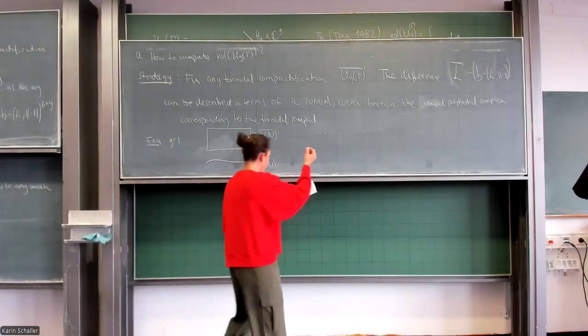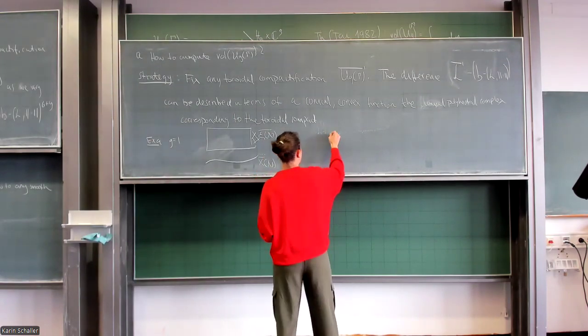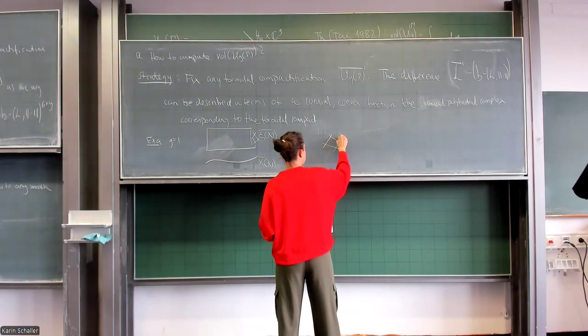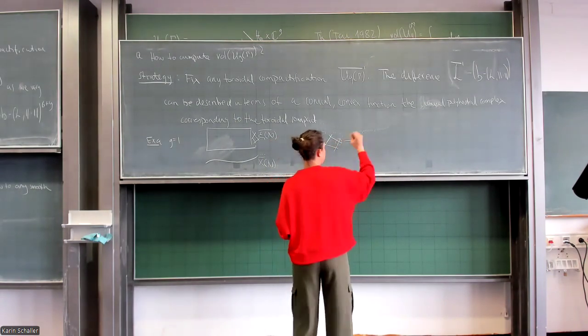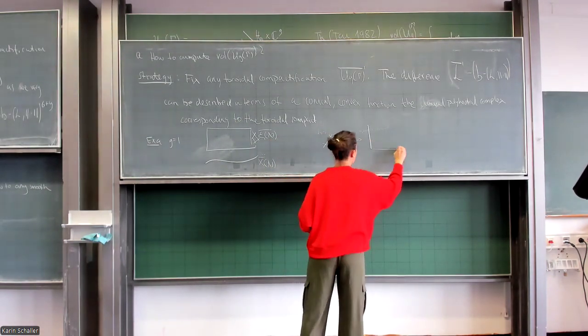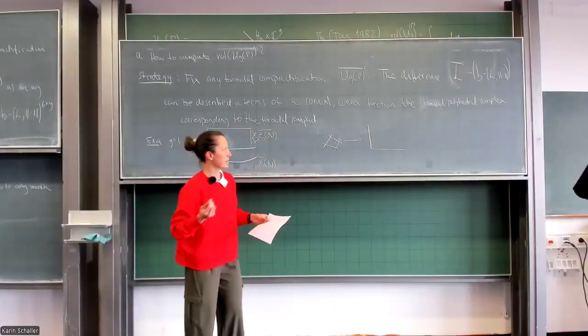Okay, so in the local picture, if I have here something like this, over this node corresponds a smooth two-dimensional cone, which I'm gonna write like this.